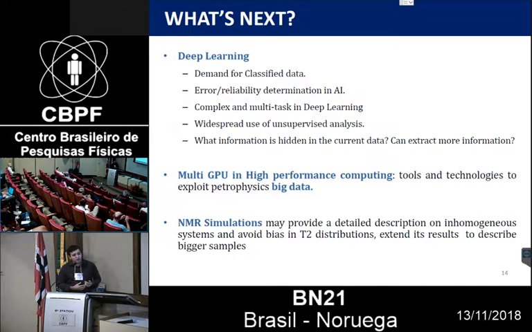We are also working on some multi-task deep learning, which uses highly nonlinear deep learning architectures and neuron layers to get several parameters at the same time. So not only permeability and porosity, but what else could we find hidden in the data? And the big question is what information is hidden in the data.